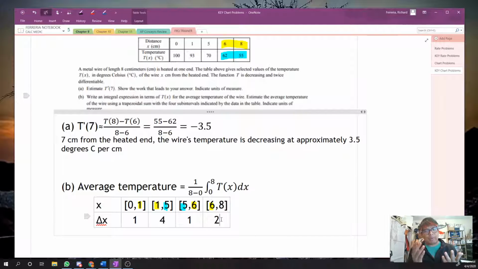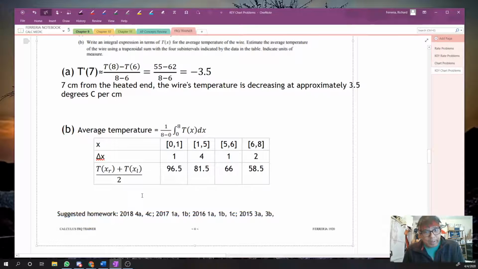Now, I don't know when you learned trapezoids, if you took an average of the top base and the bottom base, or did you learn that it was the average? We should really look at that. The area of a trapezoid is the height multiplied by the average of the bases. That would have helped us out a lot here. So let's figure out the average of all the bases.